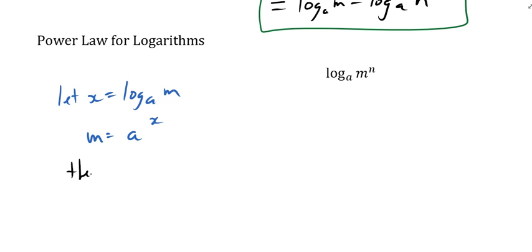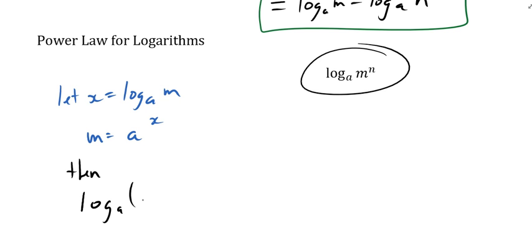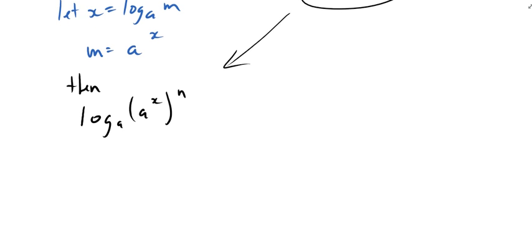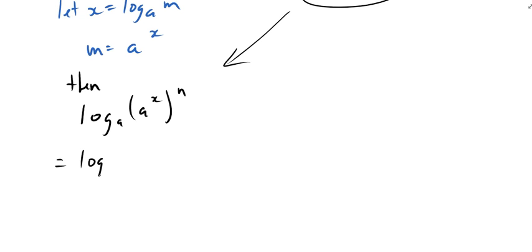Okay, so then if I take what we started with and I get log base a of m to the n, which is actually now a to the x all to the n, right? This is equal to log base a of a to the x to the n. What do you do? This is the power rule. Exponent of an exponent, like power of a power. So we multiply the exponents. A to the x times n.